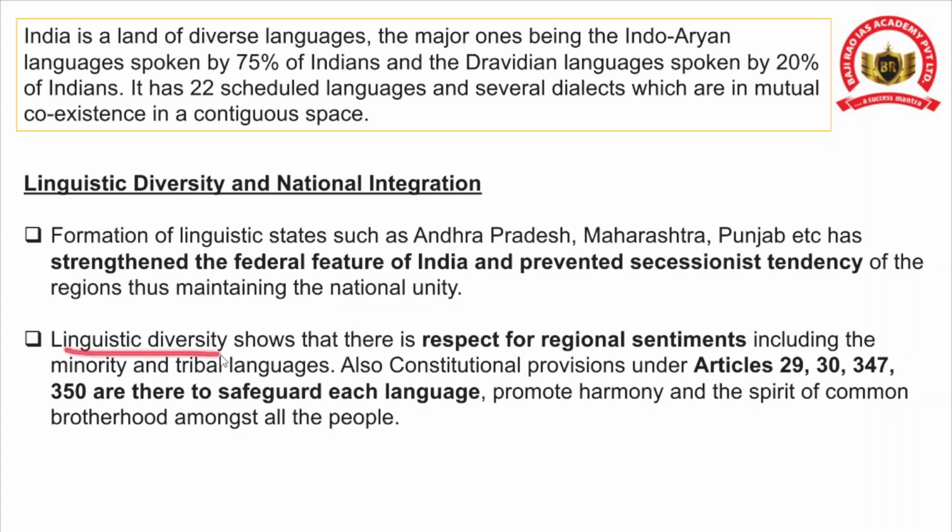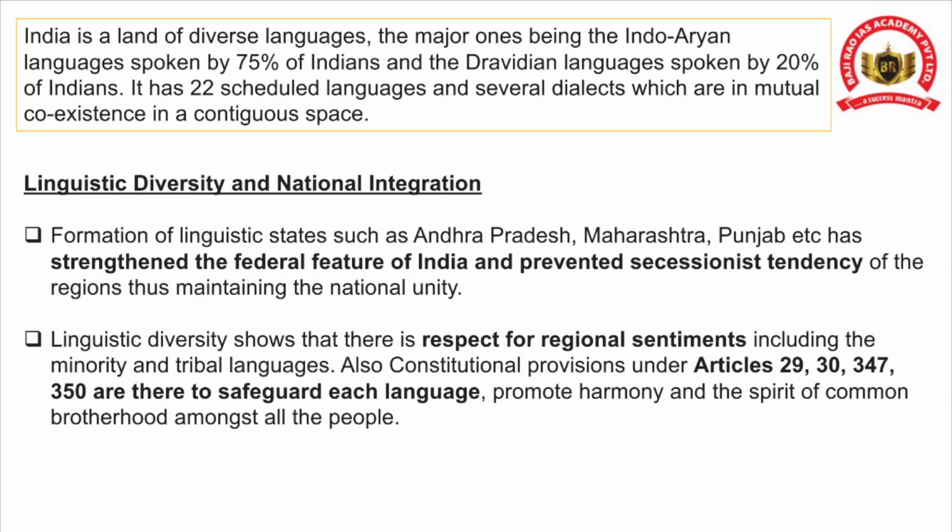Next, linguistic diversity very often shows respect for regional sentiments. So people of different areas speak different languages. Therefore, it has resulted in respect for regional sentiments, including for minority and tribal languages.